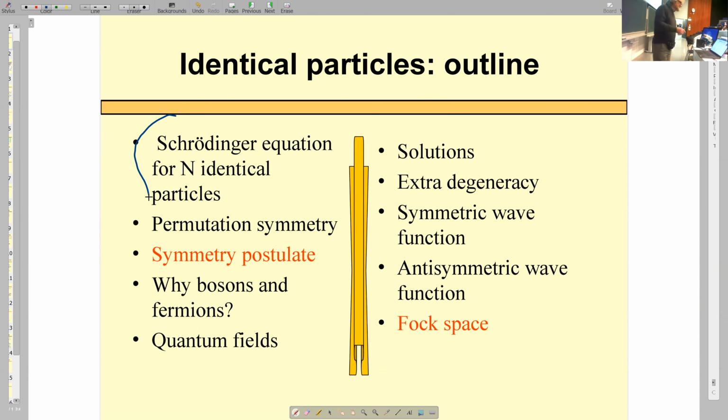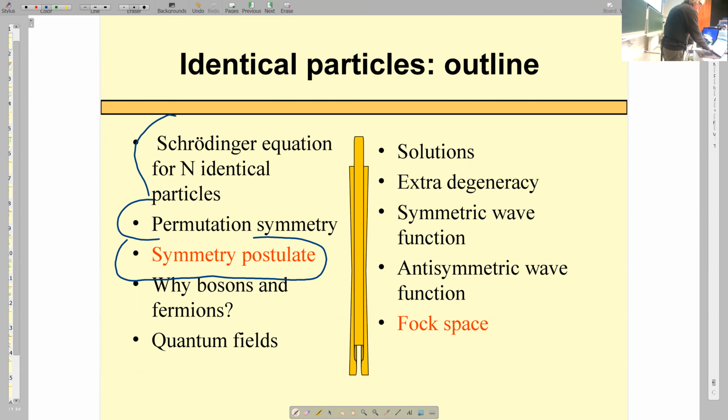That brings us to permutation symmetry, because you can permute identical particles without changing anything. We need to learn a bit about symmetries in quantum mechanics in general. It doesn't do much pain, don't worry. And after that, we can come to very important things.